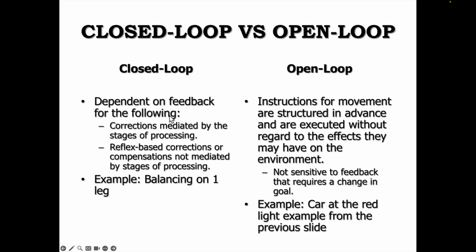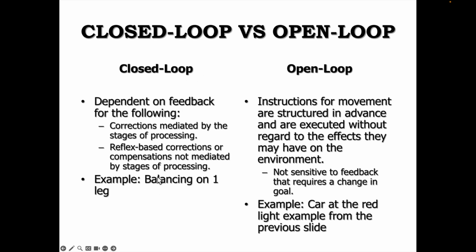So again, this slide summarizes closed loop versus open loop. I would mark this somewhere down in your notes. Closed loop systems are dependent on feedback for making corrections, depending on the stage of processing you're in. There are reflexes, base corrections or compensations, that are not mediated by stages of processing.